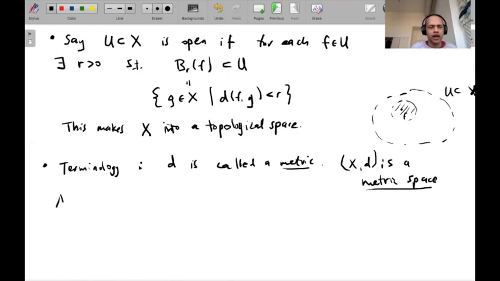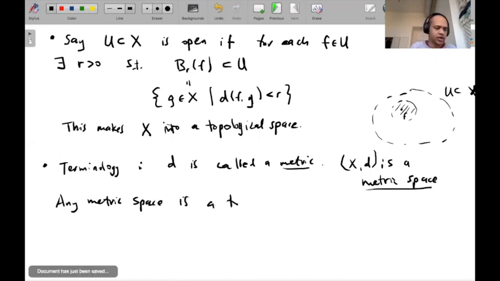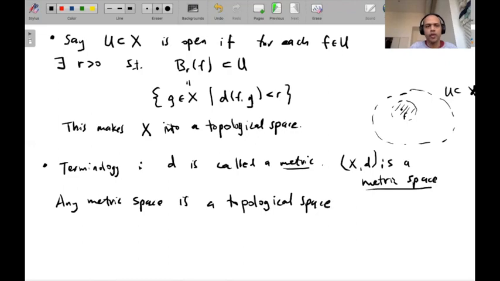And then, as I was saying, any metric space is a topological space with open sets defined as above. So note, the converse is not true. There are topological spaces which are not metric spaces, and we'll see an example at the end of today.